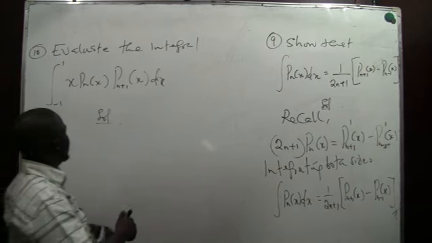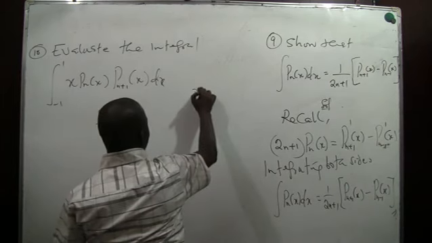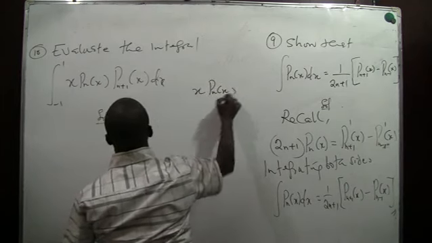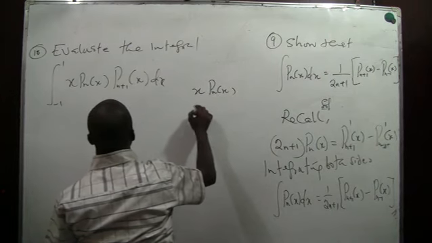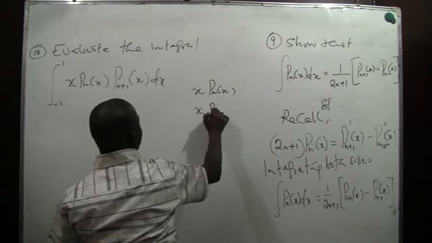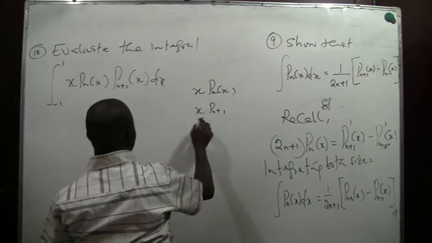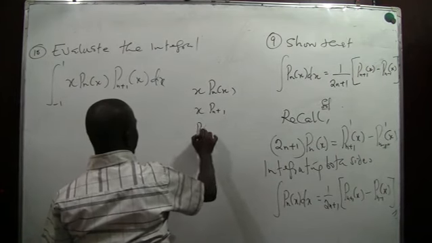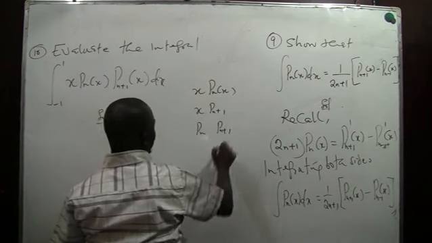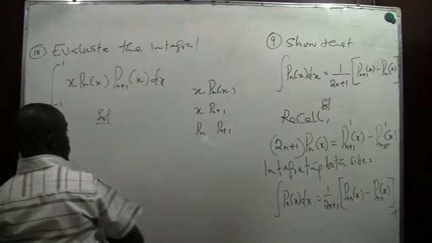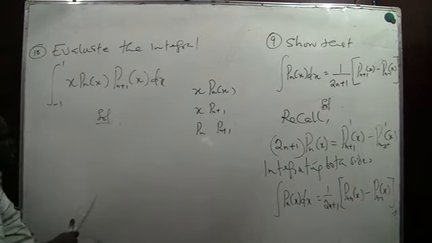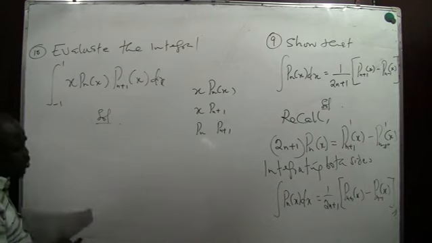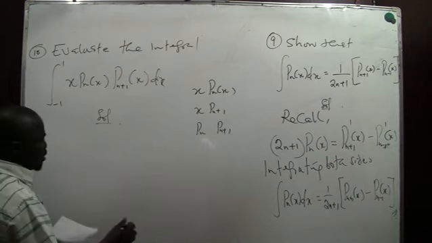So we have three options: the one that has x and Pn, the one that has x and P(n+1), and lastly the one that contains Pn and P(n+1), or we can get the one that has the three of them. Let's start with the first recurrence relation we solved in the last class.